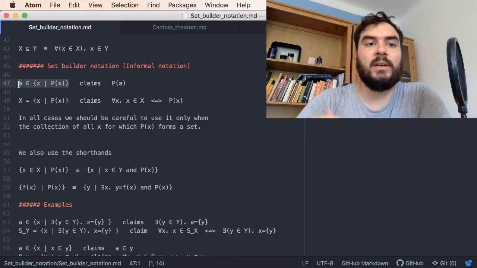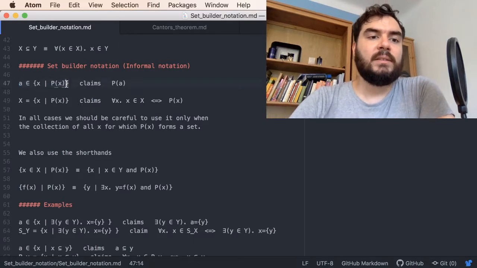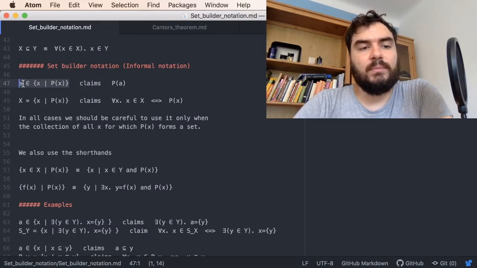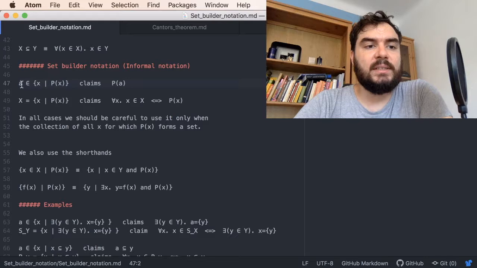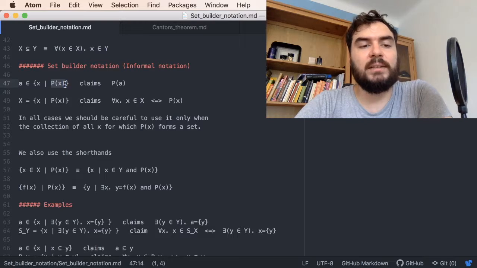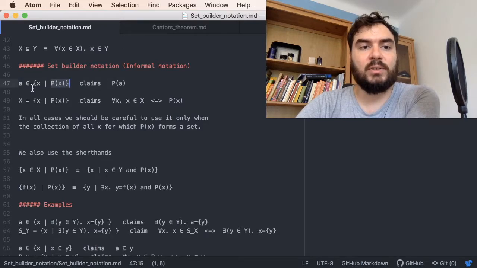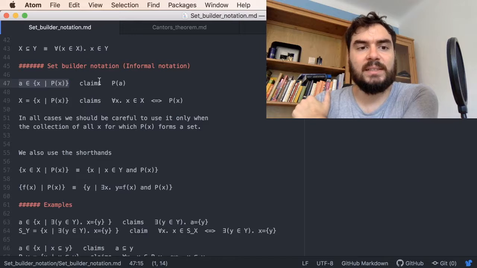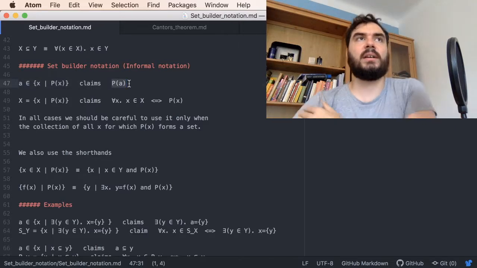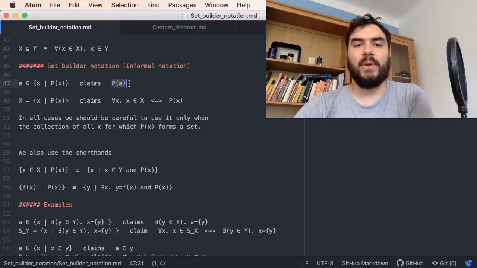This is notation, really. And so if you have that this term A is an element of that set, where that set is all x such that P of x holds, well, then one implication is definitely that A has the property P of x. So you can replace that statement with the content of just saying P of A.